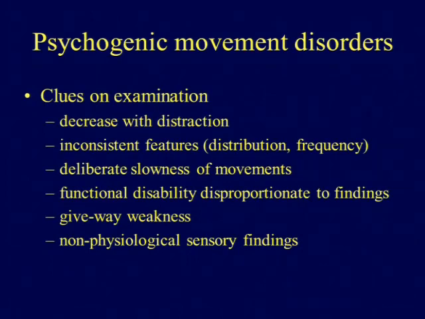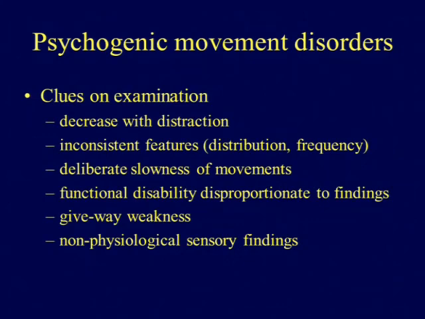The clues on examination are that they decrease with distraction. Normally we have them do complex motor tasks in a different body part, and then it makes the movement-generating body part not do it anymore, or dampens that movement quite a bit, or it becomes a lot less rhythmic.